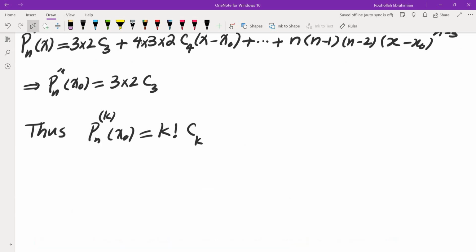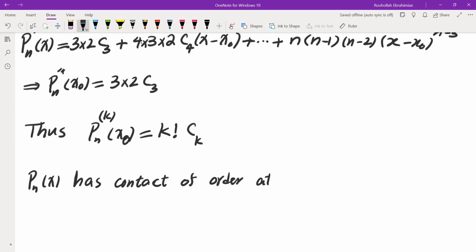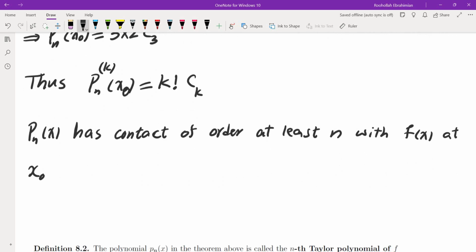So in order for Pn to have a contact of order at least n, this quantity must be the same as the kth derivative of f. So this has contact of order at least n with f of x at x0 if and only if Pn^(k) of x0 is equal to f^(k) of x0.